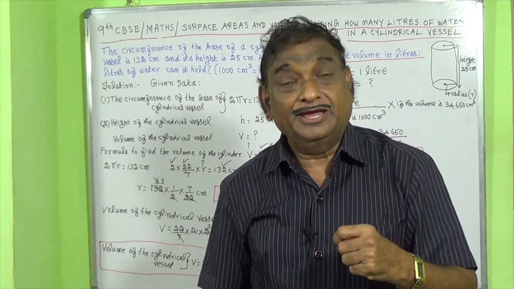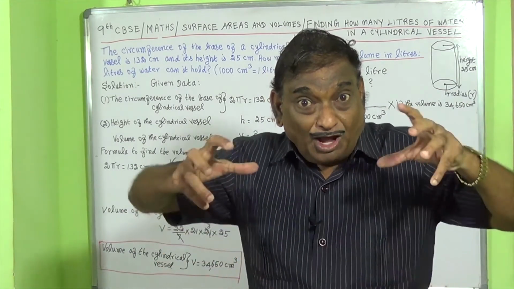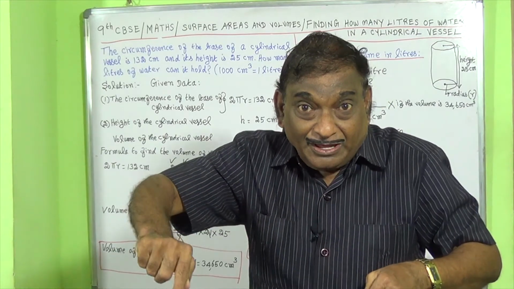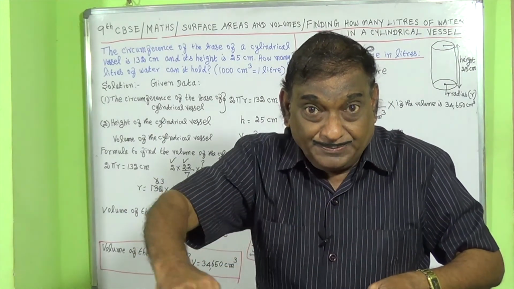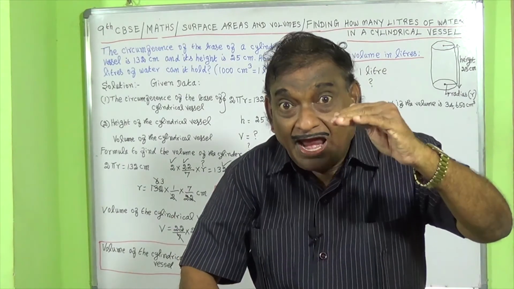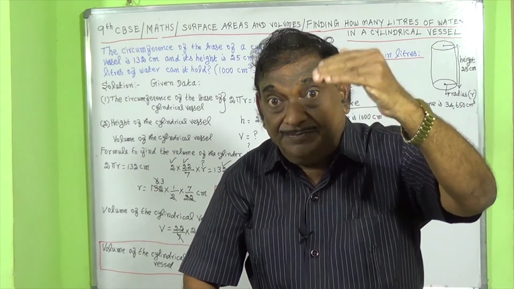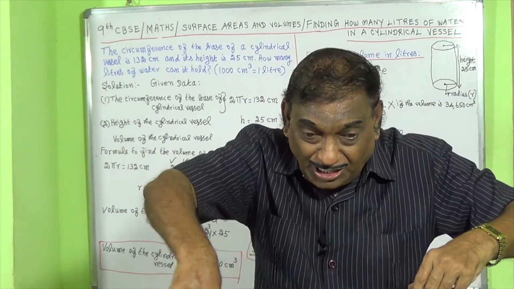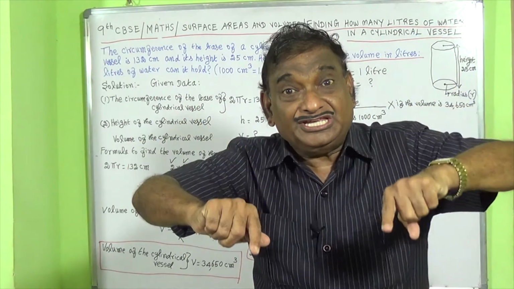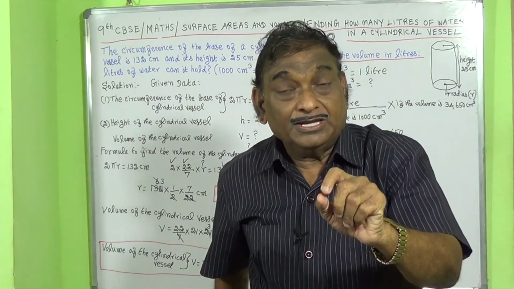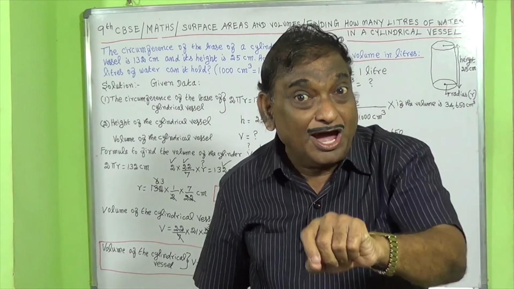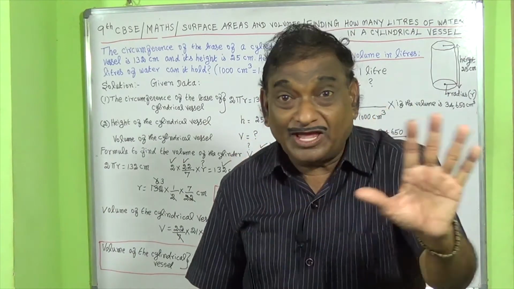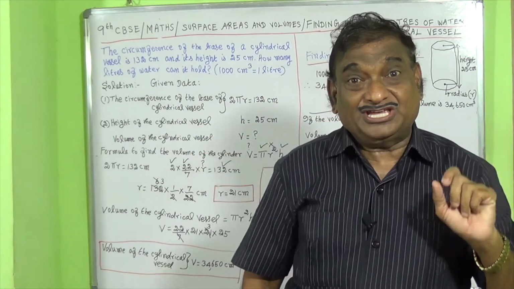Because when we pour the water, it will fill the base circle, then another circle, then another circle, so that the area is filled and raised by height. So we write the formula for the volume, not for the circumference of the cylindrical vessel.